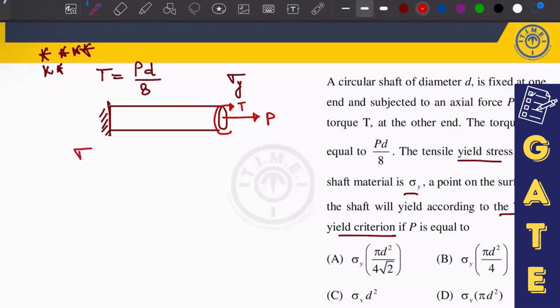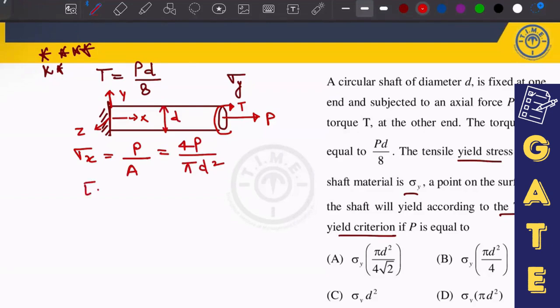The axial stress is sigma x. Suppose this is the x axis, this is y, and this is z. So sigma x can be written as P divided by A, the axial load over the area of the shaft. With diameter d, the area is pi by 4 d square. So sigma x you have already calculated.